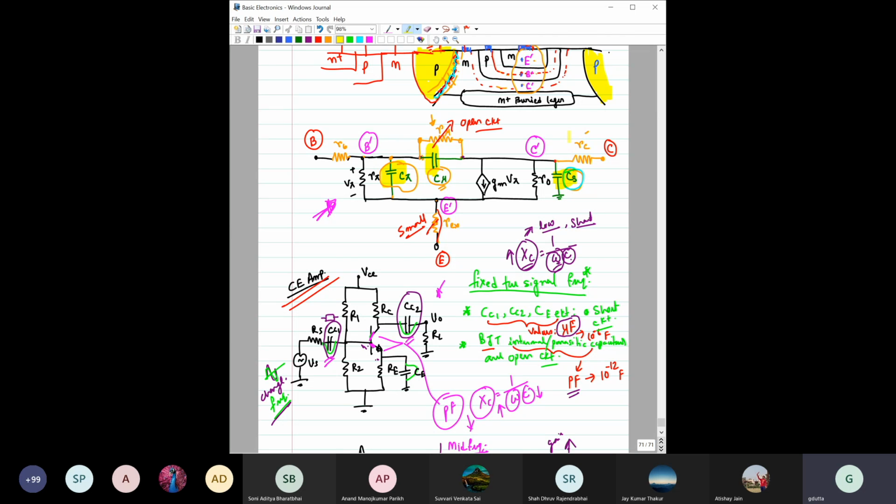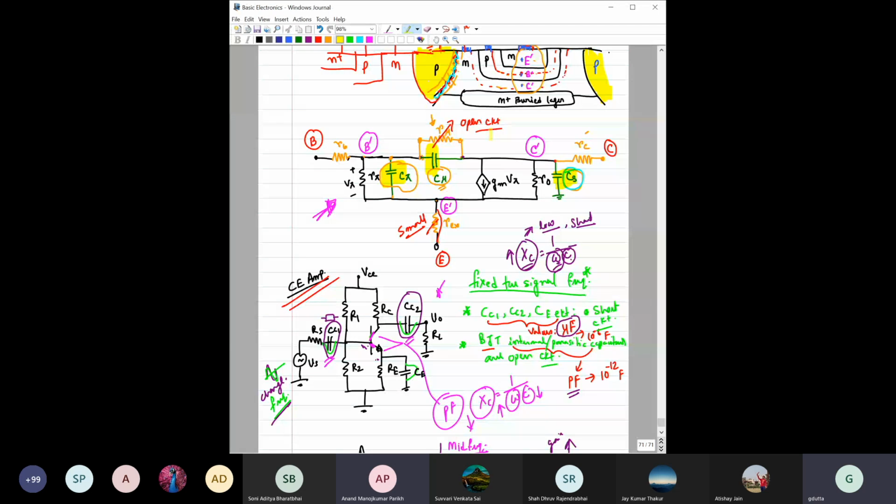If the frequency is increasing, their impedance will fall. They are connected in parallel with these resistances. That's why we cannot neglect them. Could you please repeat it again? Why is the gain reducing at high frequencies?